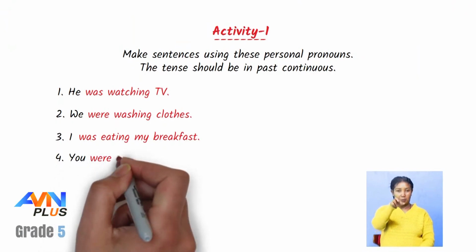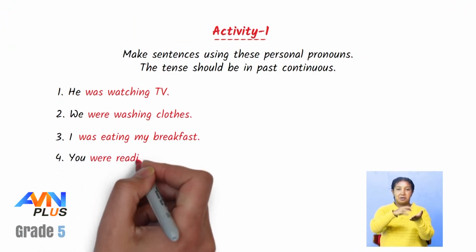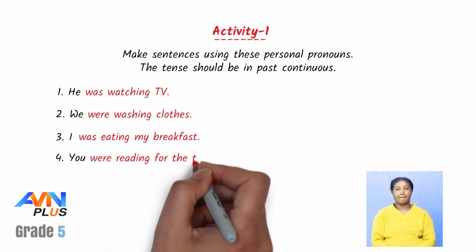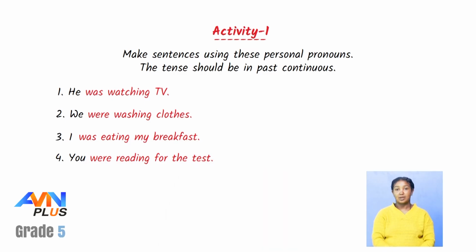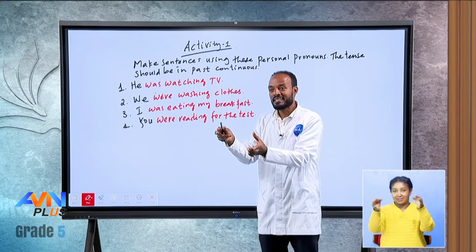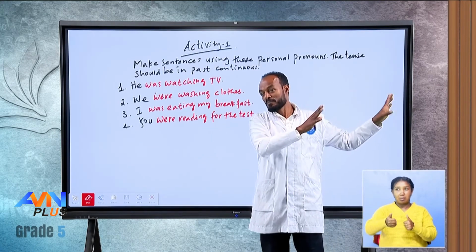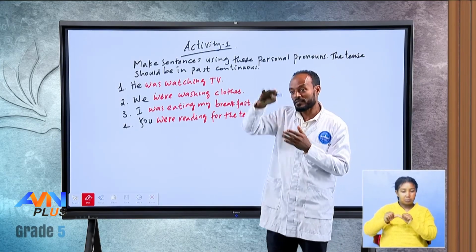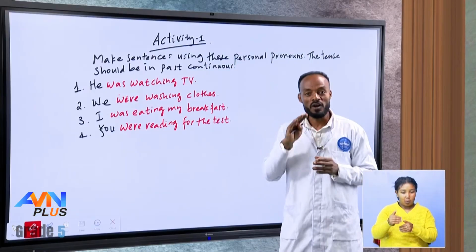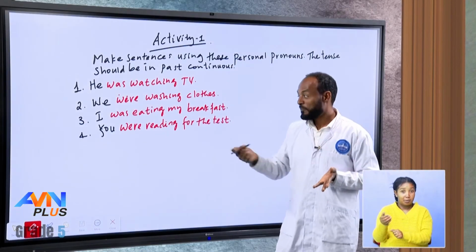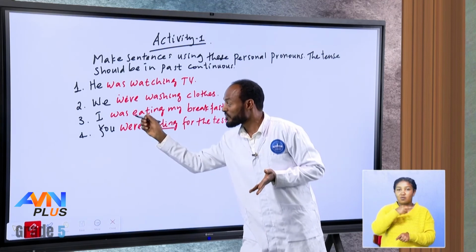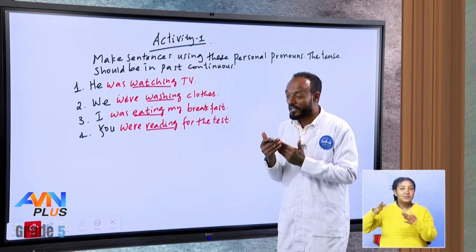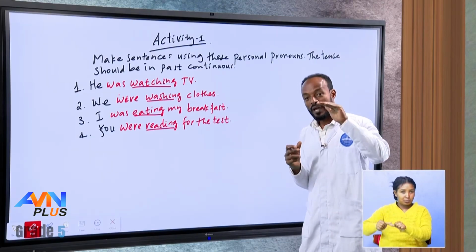You were reading for the test. Look, all the sentences happened in the past, but for a specific time in the past they were in progress, or there was continuity. Because here is verb-ing, here is verb-ing, here is also. So it shows that the actions were ongoing.